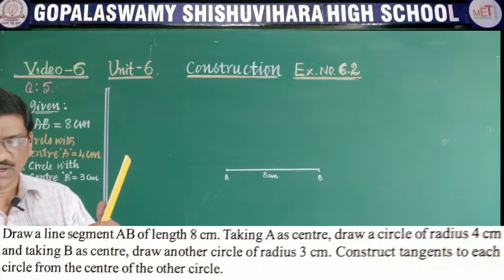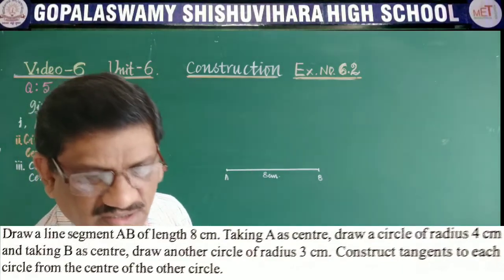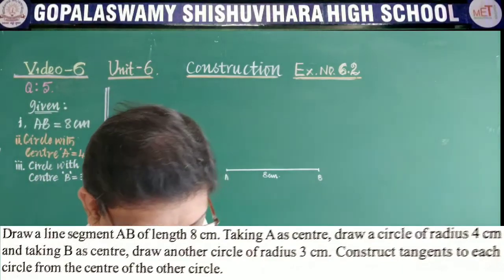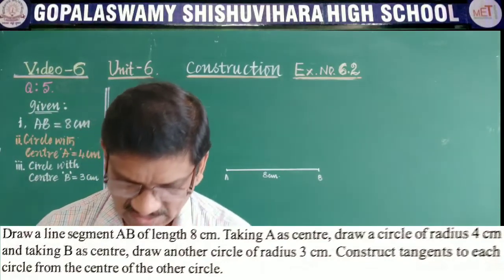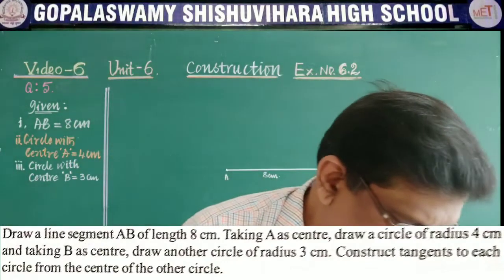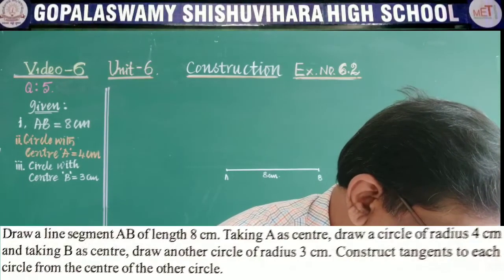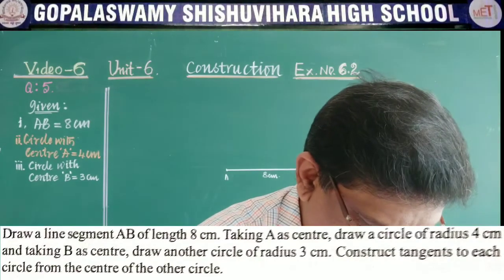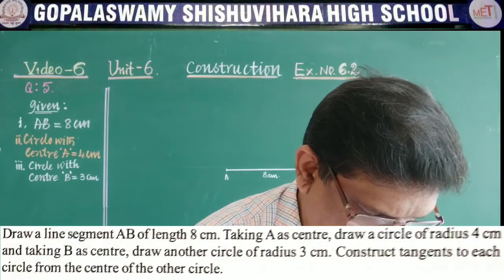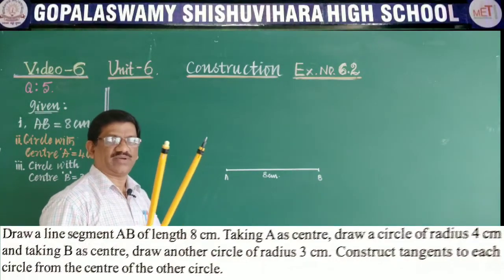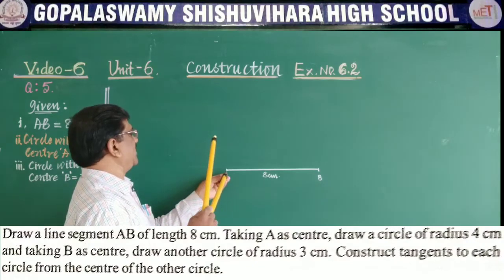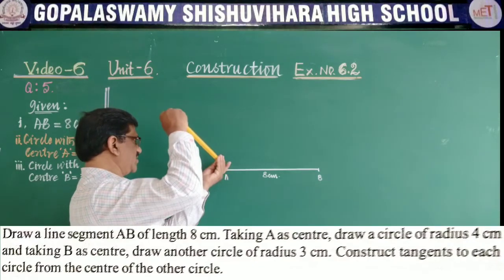Now we have to draw a circle of radius 4 centimeter at A. See, I have taken 4 centimeter radius in the compass. With A as a center, I am drawing the circle.